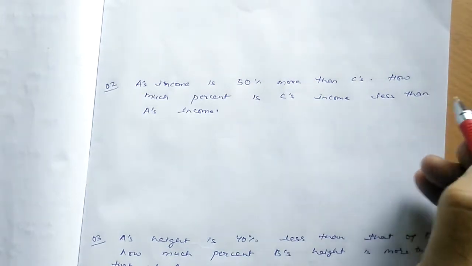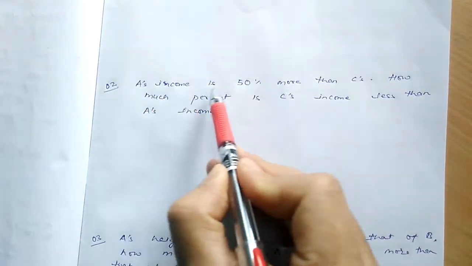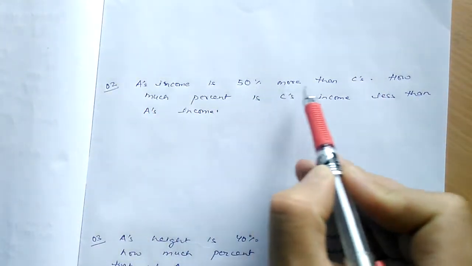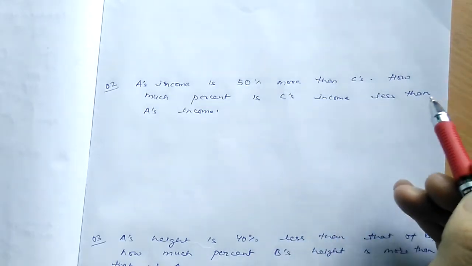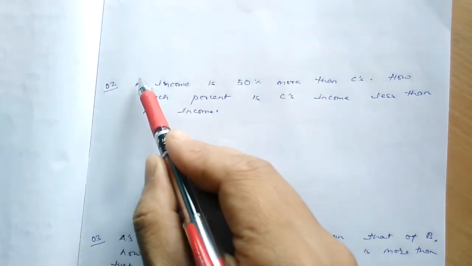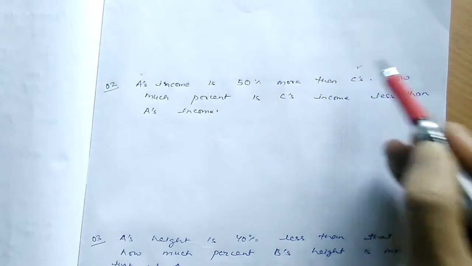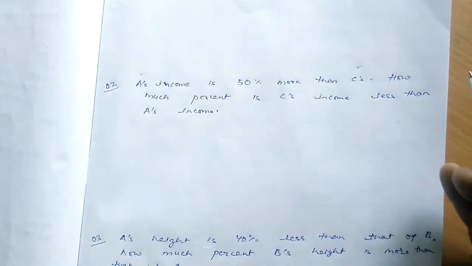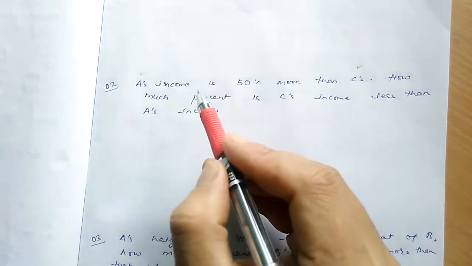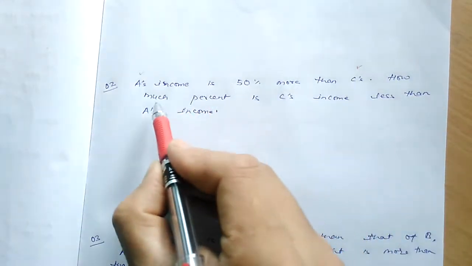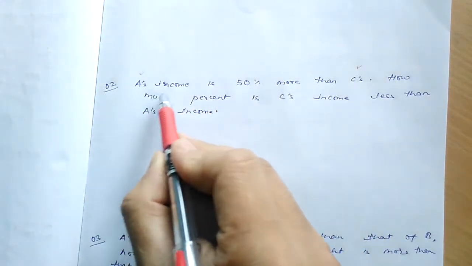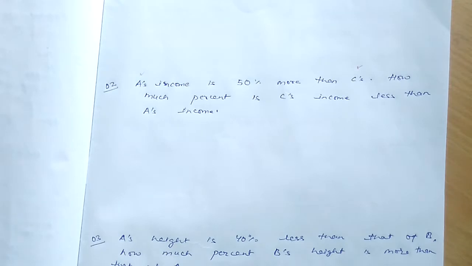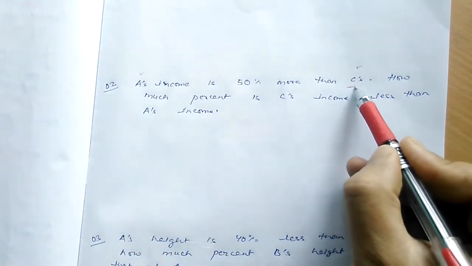The next question says A's income is 50% more than C's. So here also they have not given A's income, and they have not given C's income, but the question says that A's income is 50% more than C's income.